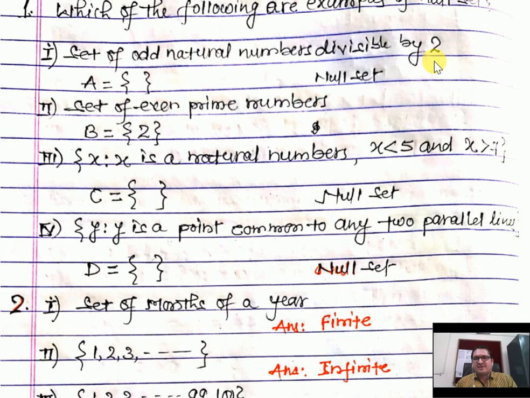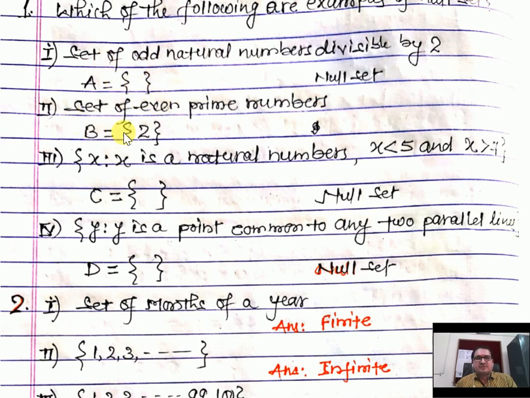These are odd natural numbers and not divisible by 2. It means there is no single element which satisfies this condition. So this is the null set. You can write phi or this bracket.